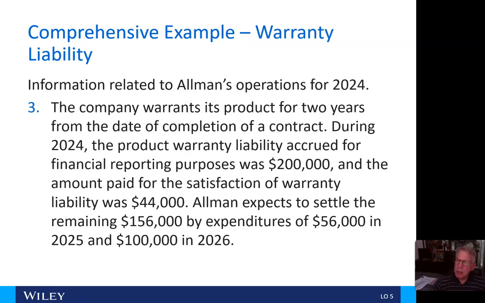Okay, information related to Allman's operations in 2024, number 3, the company warrants its products for 2 years from the date of completion of a contract. During 2024, the product warranty liability accrued for financial reporting purposes was $200,000, and the amount paid for the satisfaction of warranty liability was $44,000.